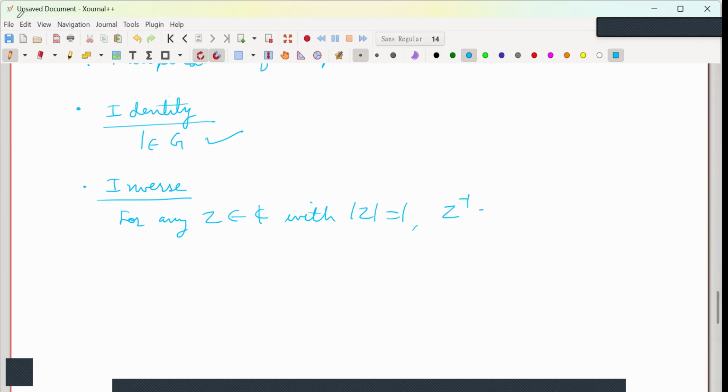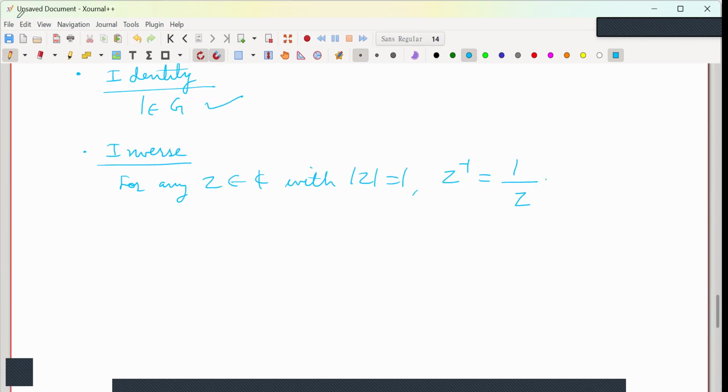Z inverse is what? Z inverse is just 1 upon Z. In general, complex numbers have this inverse, and for the conjugate you need the modulus to be in the picture.